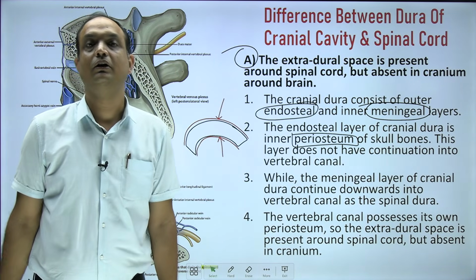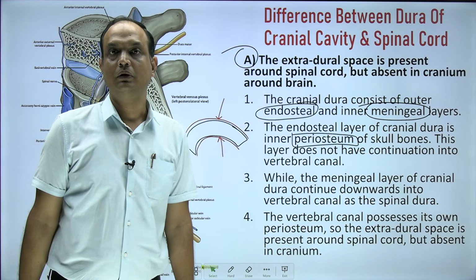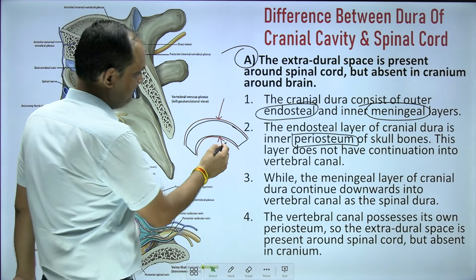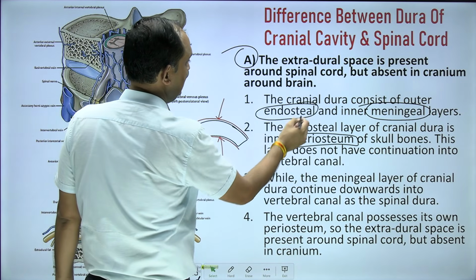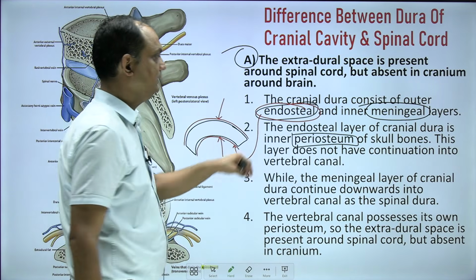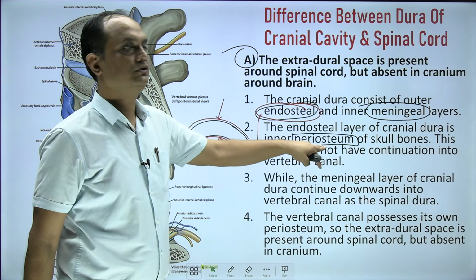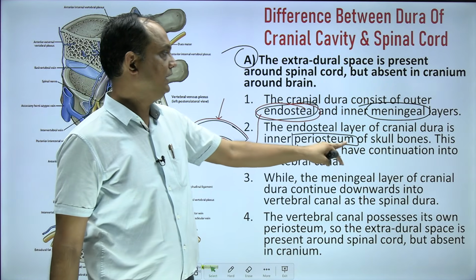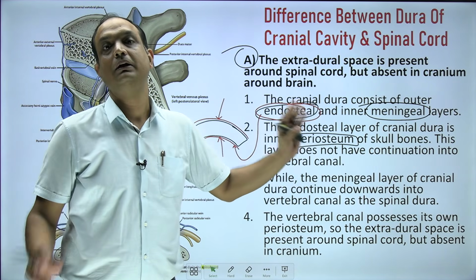On the inner side of the bone, the innermost layer is again the periosteum, but this periosteum is known as the endosteum. Endosteum is nothing but the inner periosteal lining of the skull bone, and this layer does not have continuation in the vertebral canal.